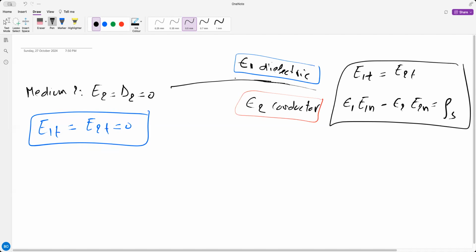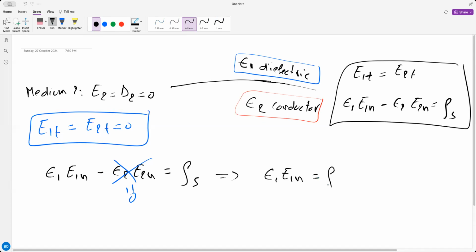Now, what about equation number 2? Equation number 2 tells us that epsilon 1 times the normal component of E1, minus epsilon 2 times the normal component of E2, is equal to the charge density. But we know that the second term is equal to 0 because of the conductor. There is no electric field inside the conductor. So this means that the boundary condition is epsilon 1 E1N is equal to the surface charge density, or the normal component of the flux.